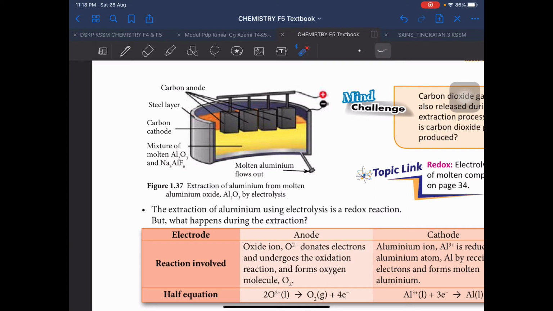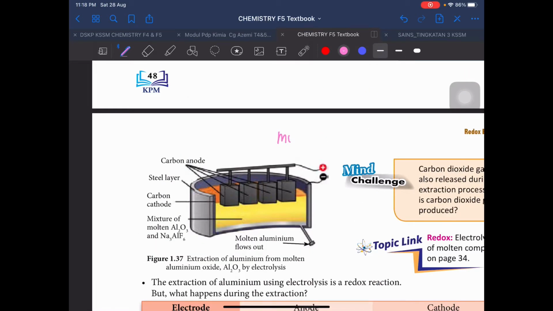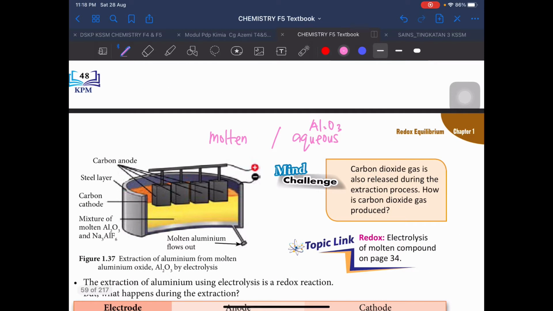Okay, I believe you still remember the basic principle of electrolysis. Electrolysis has two types: we can talk about the electrolysis of a molten electrolyte, or the aqueous electrolyte. For example, if aluminium oxide is in aqueous form, what ions are present? I hope you still remember. For an aqueous solution, we have Al3+, O2-, H+, and also OH-.